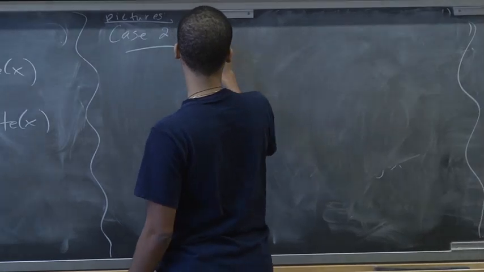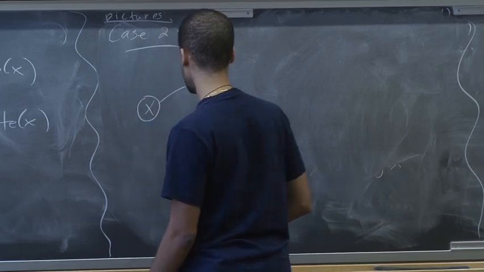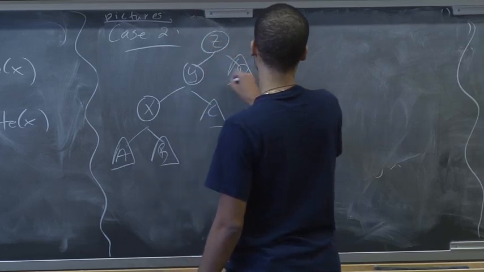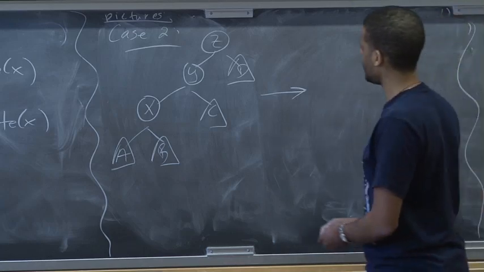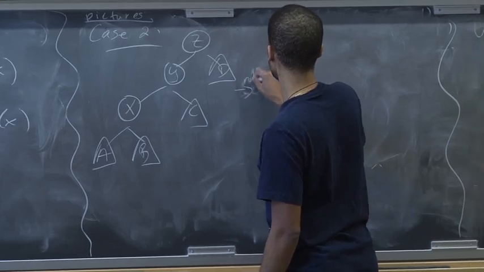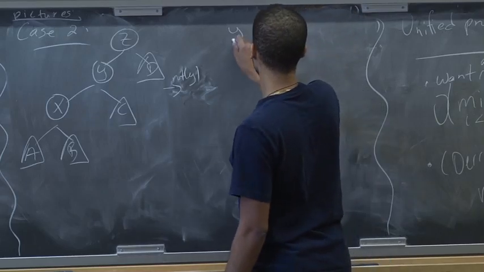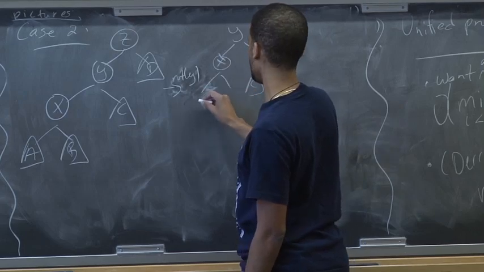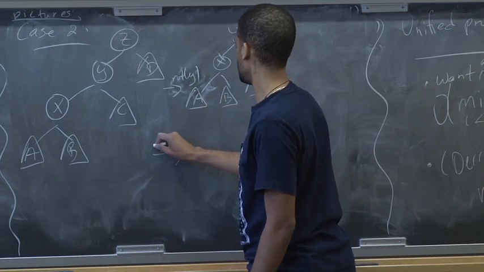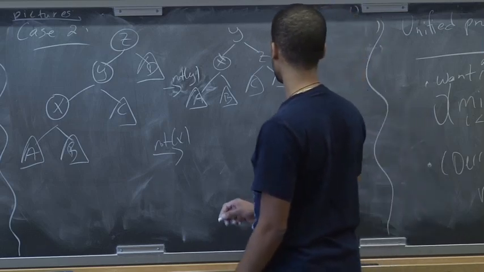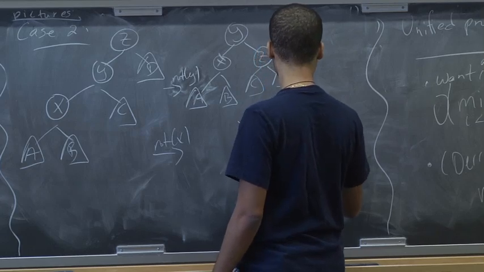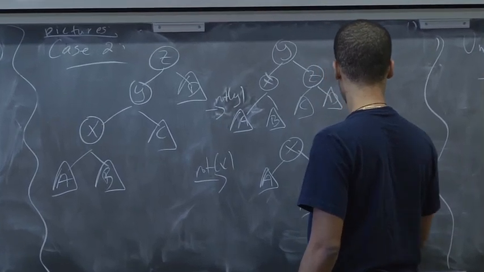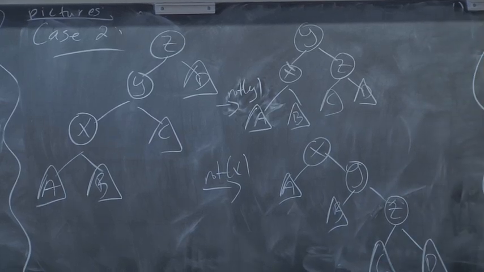Case two looks like z goes to y, goes to x, and then x has A and B down here, C, D. So when we rotate, let's say we rotate y, that's going to look like y, z, D, C, x, A, B. And then now we rotate x, and that's going to look like x, y, z, and then A, B, C, D. So that's case two. Case two will bring us from this picture to this picture.